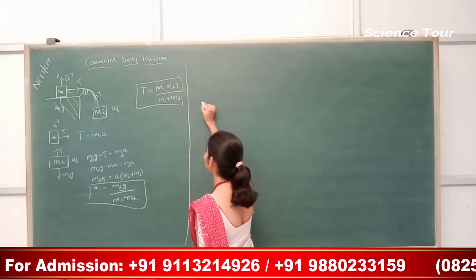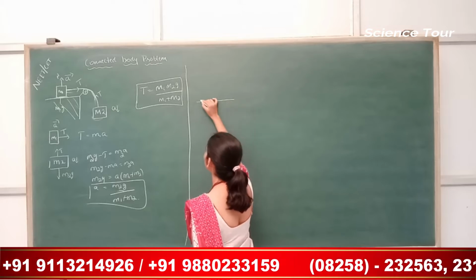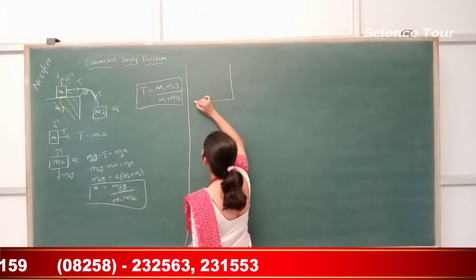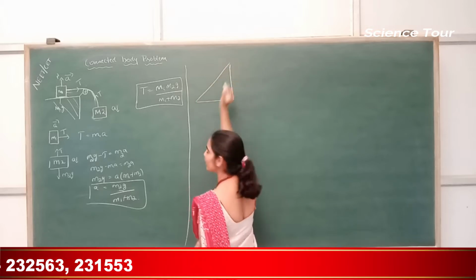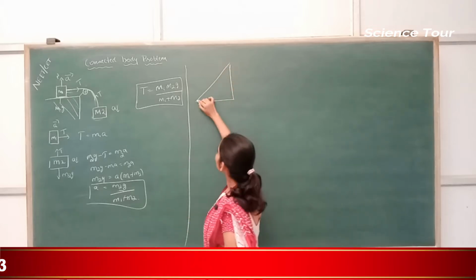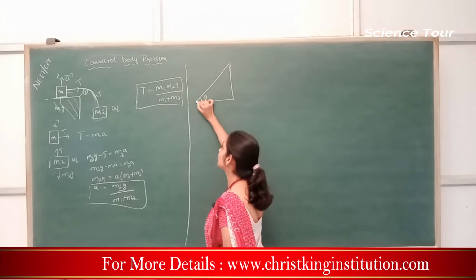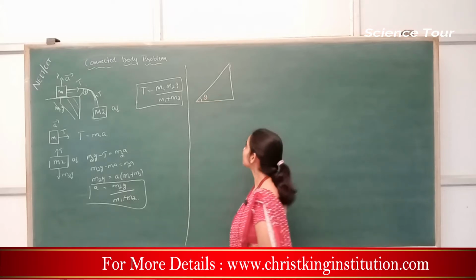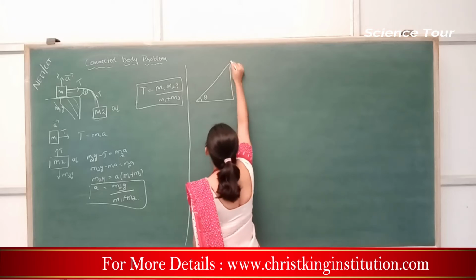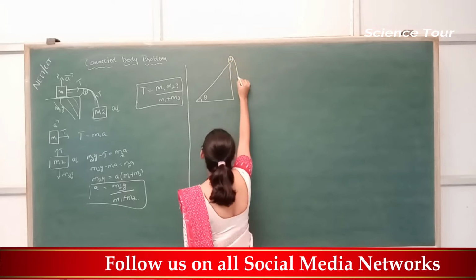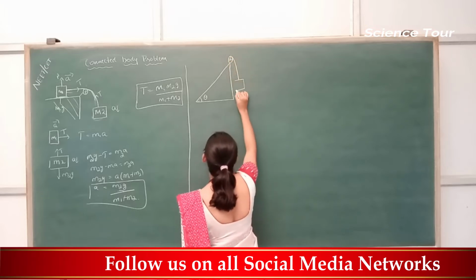So here what you have to do is consider an inclined surface. This is horizontal. You should consider an inclined surface this way. This inclined surface makes an angle theta with the horizontal surface. Now, here you have a pulley and a mass hung through a string.